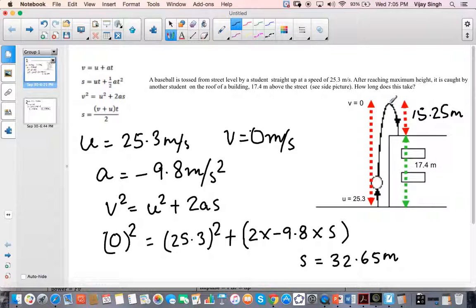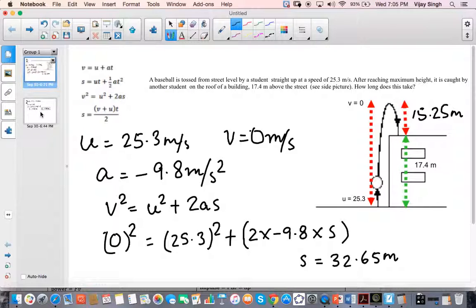Now again it takes another time to go from the highest point till this particular point. Once we calculate this time, we add it to the time we calculated from the first part, and we are done.